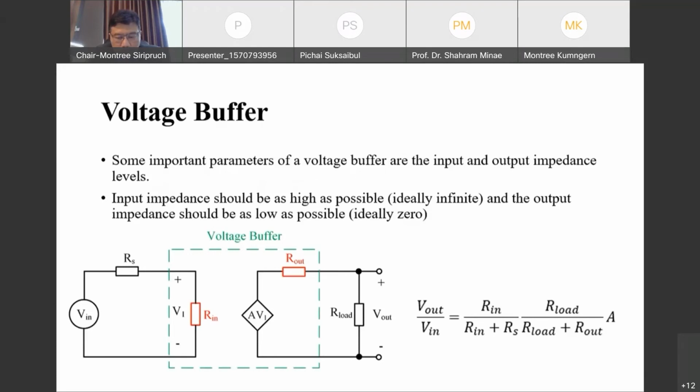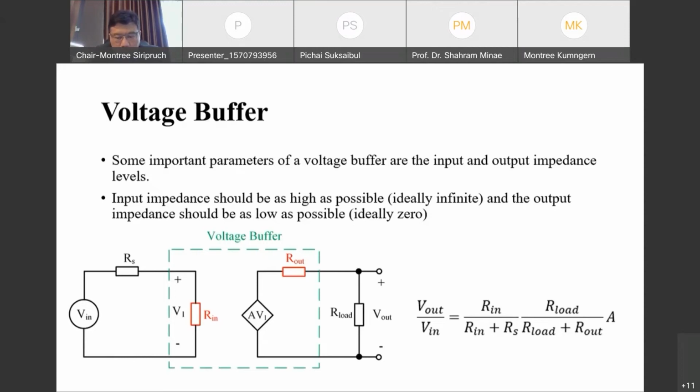Here I show the small signal equivalent of the voltage buffer circuit in the green box. Rin and Rout are the non-ideal values of this voltage buffer circuit. If you take this circuit into consideration, you will see there are two circuit parts, left-hand side and right-hand side.